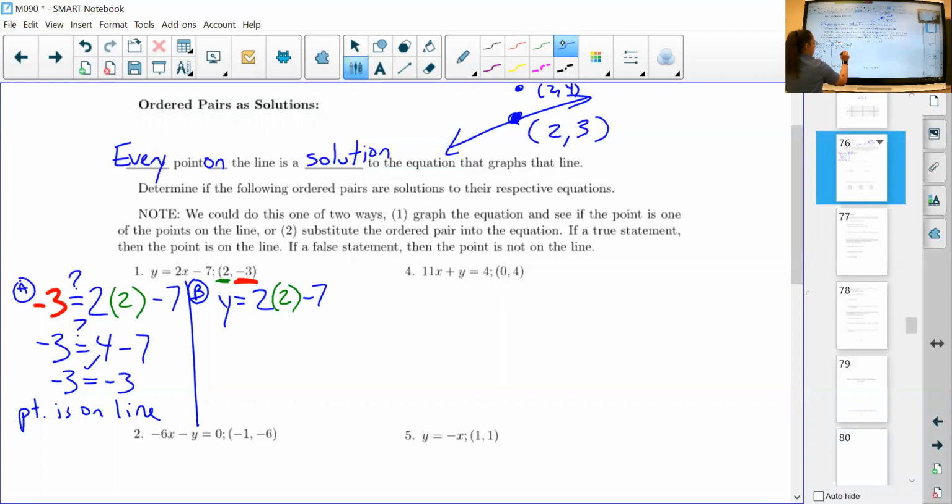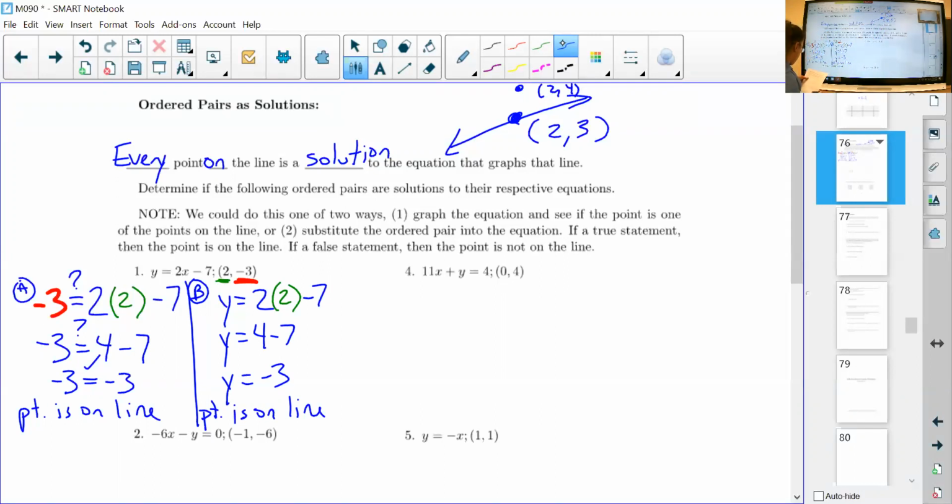Y equals whatever this is. I just need to figure out what this is. Y is 4 minus 7, order of operations. Y is -3. So if x is 2, then y is -3. Well, that's what this is, (2, -3). So again, we get that the point is on the line.